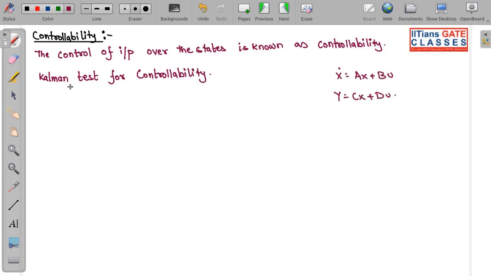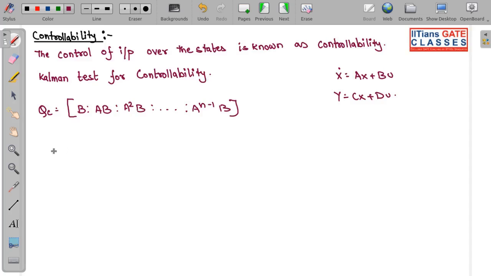you can see over here that the QC matrix is formed by B, AB, A square B, till A to the power n minus 1 B. This will be your controllability matrix.